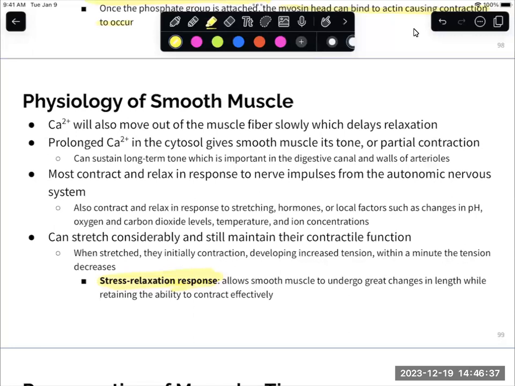It's one of those autorhythmic characteristics of smooth muscle. A stretching of those cells causes an automatic contraction, so they contract in response to that stretching. Hormones, changes in pH, oxygen and carbon dioxide levels, temperature, and ion concentrations are all going to play a role in smooth muscle and its contractility.